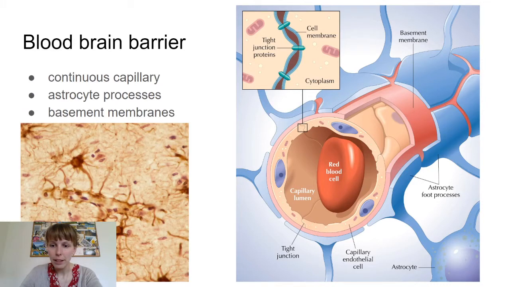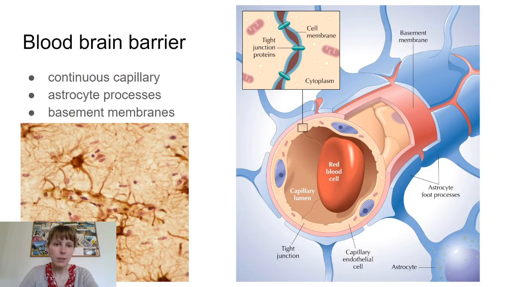Another important function of the astrocytes is that they form a part of the blood-brain barrier. If you think about the brain or the spinal cord, you need a lot of energy for all the processes that are happening there, and therefore you need a lot of oxygen and glucose carried in the blood.